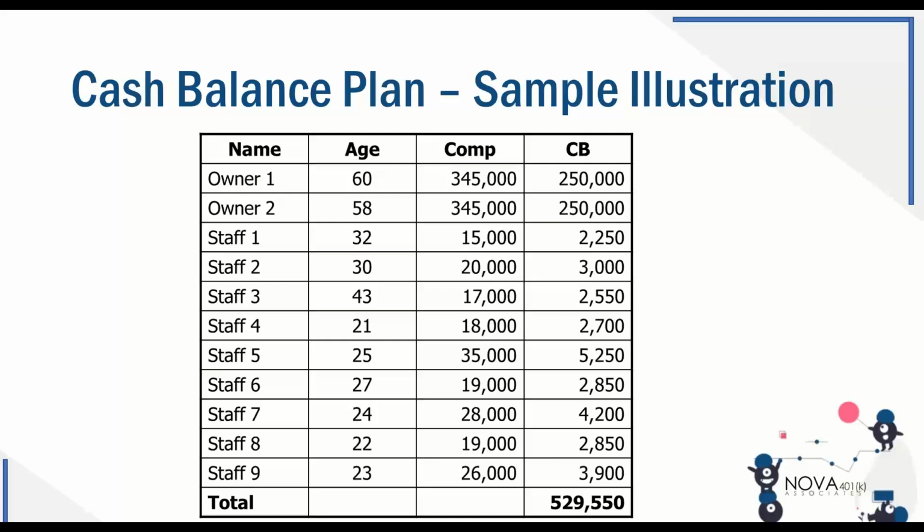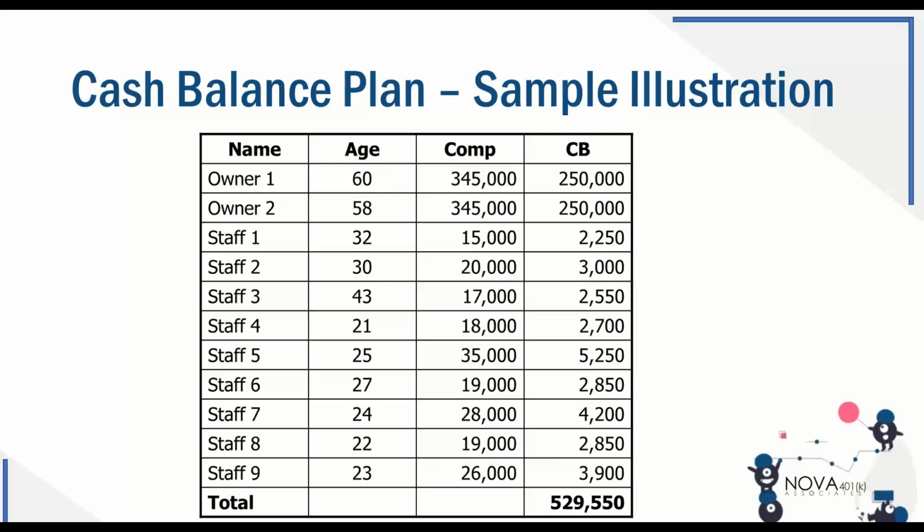And this is certainly a viable plan if the owner doesn't want or need deferrals. So this is the owner. We've got two owners here, and we've got staff between the ages of, well, in their 20s and early 40s, with comp ranging up to $35,000.